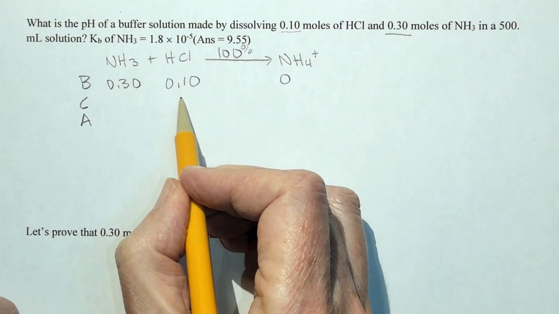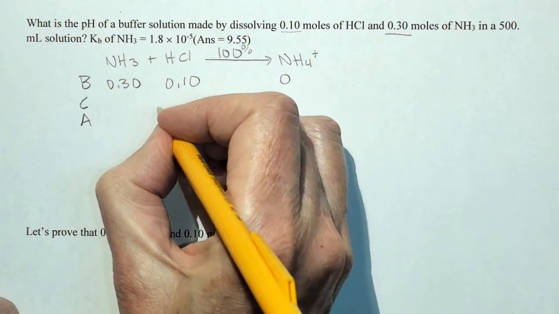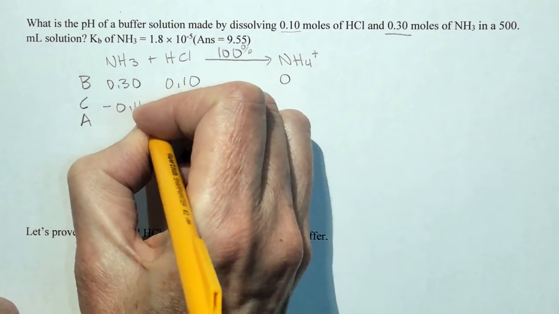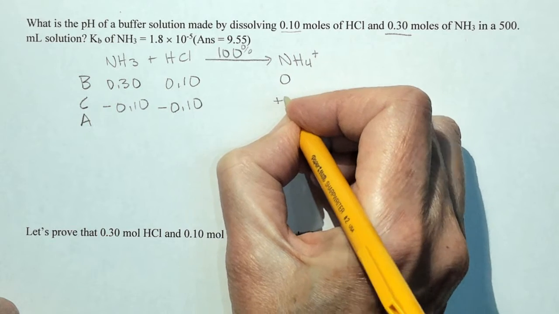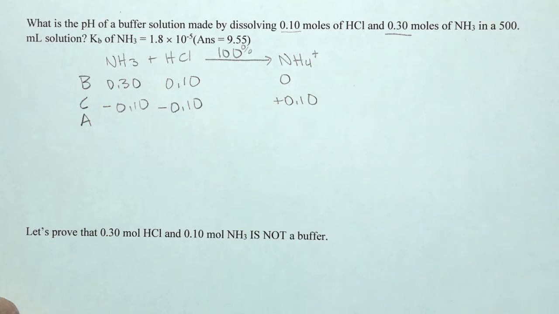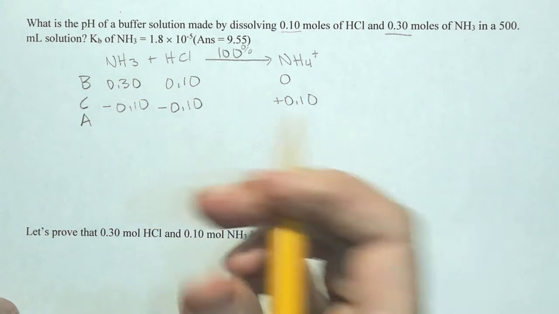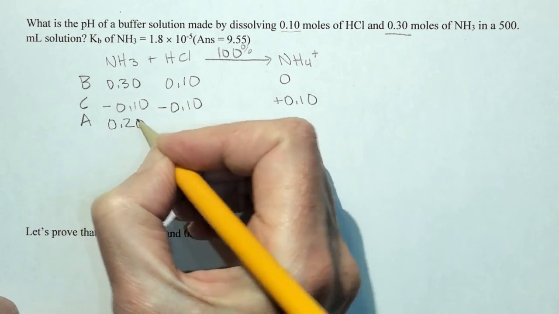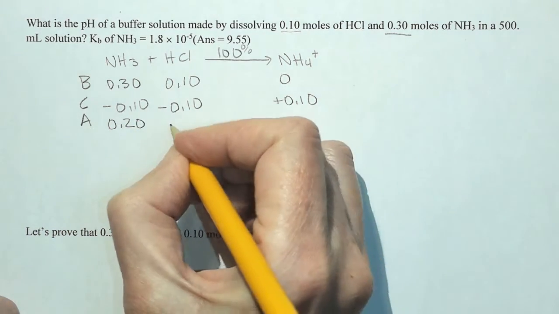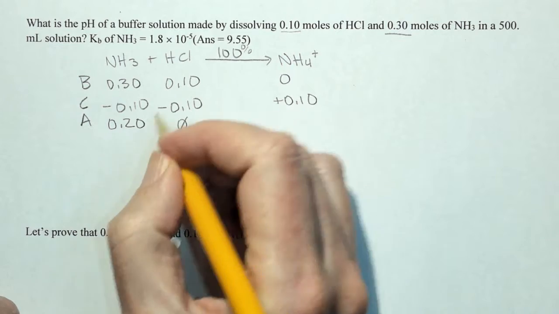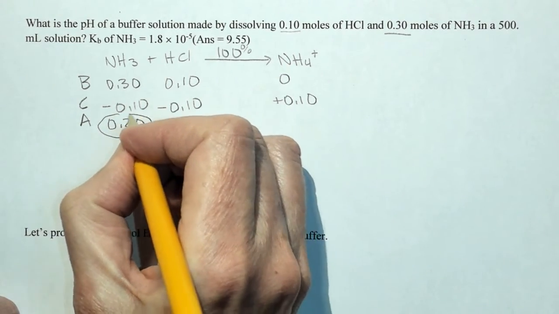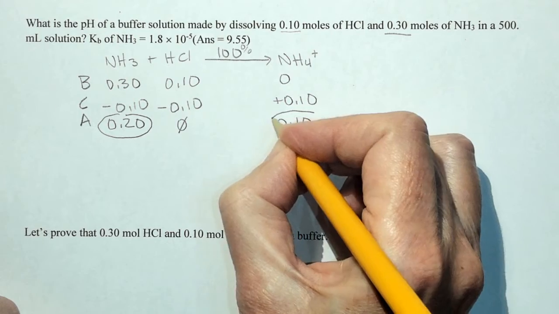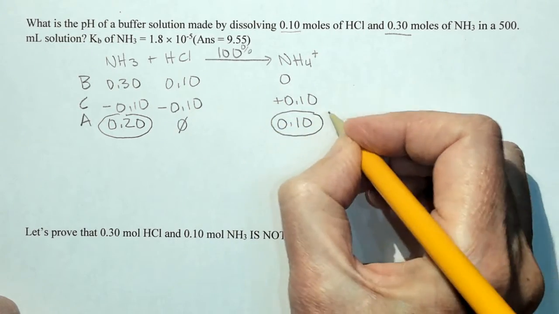This time the HCl is our limiting reagent, so we have minus 0.10, minus 0.10, plus 0.10, and then when we do the math, our final concentrations after the reaction has gone to completion are 0.20 for the NH3 and 0.10 for the NH4.